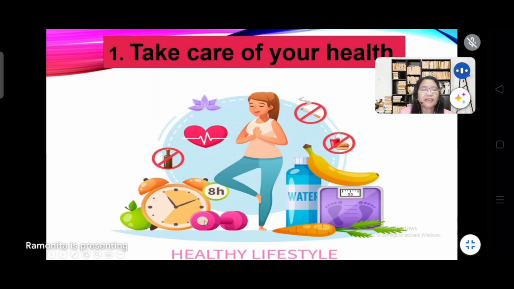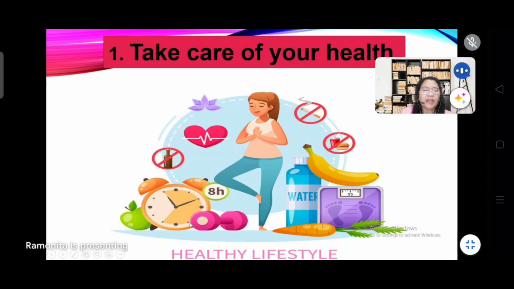Do some exercise, drink 8 glasses of water, eat the right fruits and vegetables, and avoid smoking, drinking hard drinks, and eating foods that are not healthy to our body, so that we will have a healthy life and the heartbeat is also healthy.